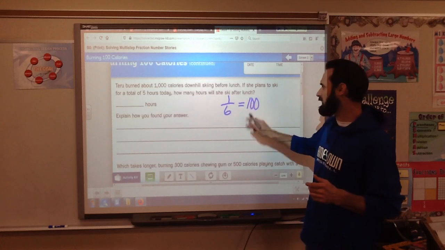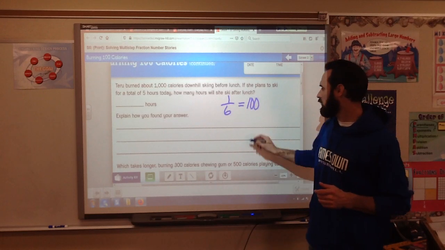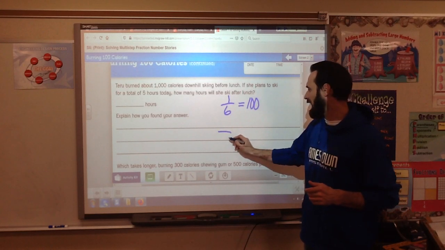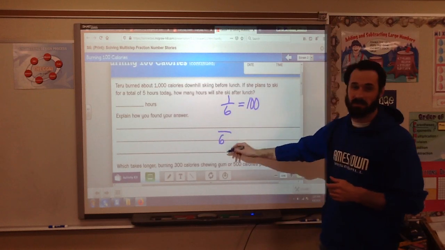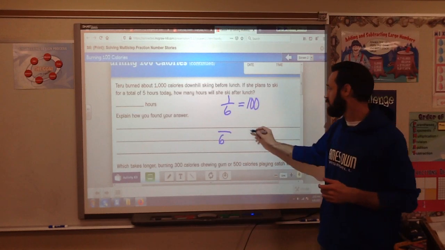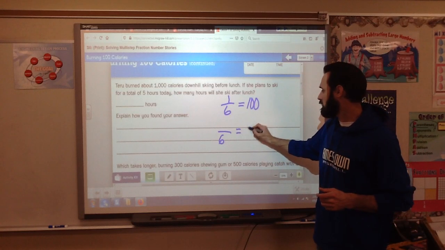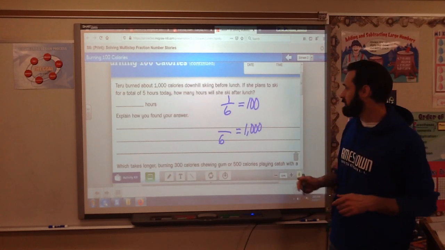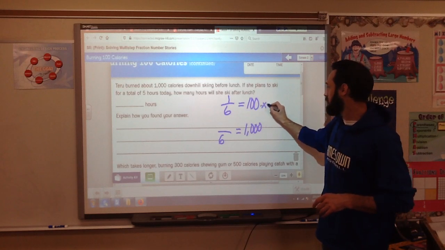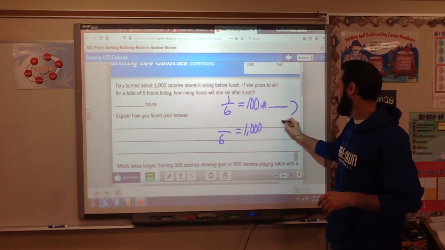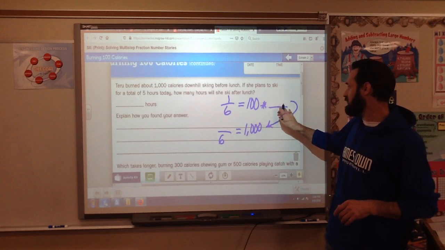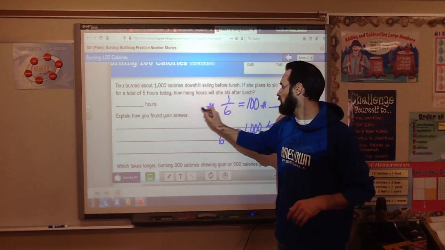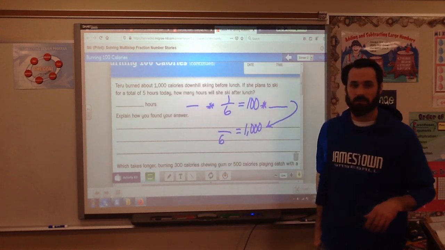If 1/6 equals 100, we need to figure out what fraction out of 6, because the denominator is going to be the same, it takes to get to 1,000. So what we're really thinking here is 100 times something is going to equal 1,000. And whatever we do to this, we're also going to do over here. Okay?